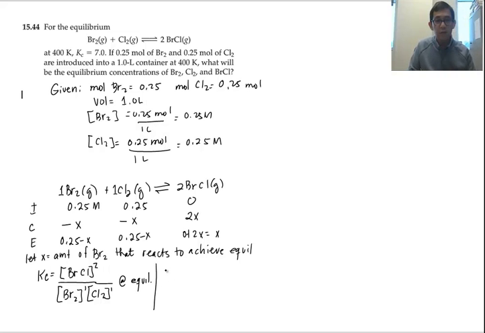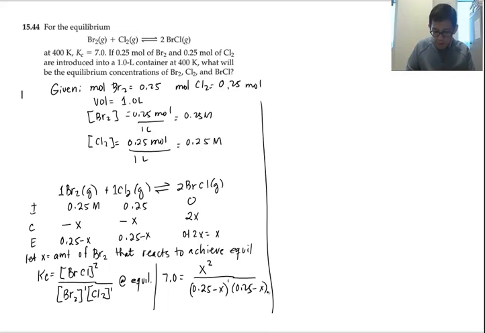Alright, so let's substitute the values. Kc is 7.0 equals, what is BrCl at equilibrium? It's (2x) squared. And what is Br2 at equilibrium? 0.25 minus x. And the concentration of Cl2 at equilibrium is also 0.25 minus x.